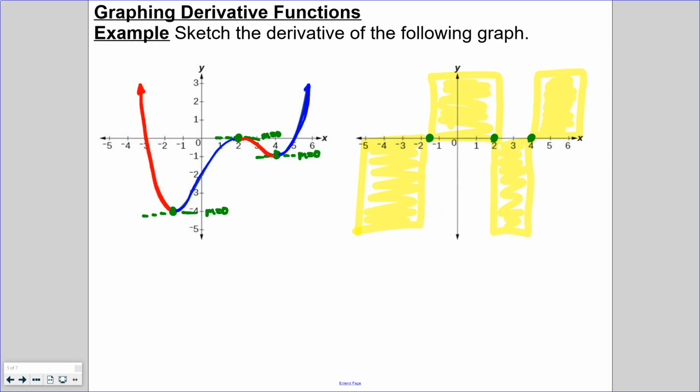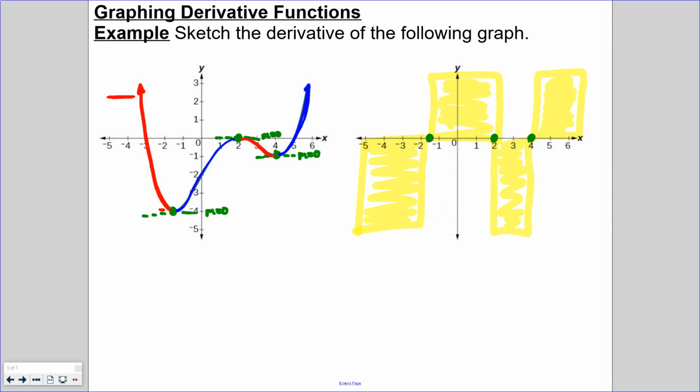So I'm going to denote that with a very big minus sign, because the slope here is very steep. As we approach our turning point, we can see that our slope gets smaller and smaller until it gets to 0, which means our slope is the least negative, or the smallest negative, right at the turning point. So I'm going to put a really tiny negative sign there.